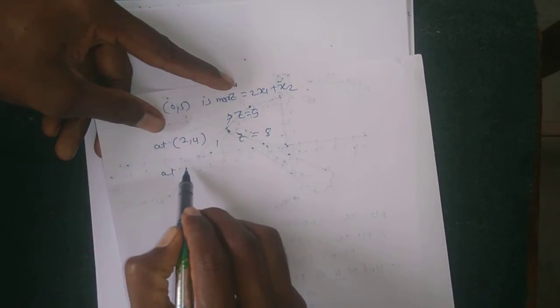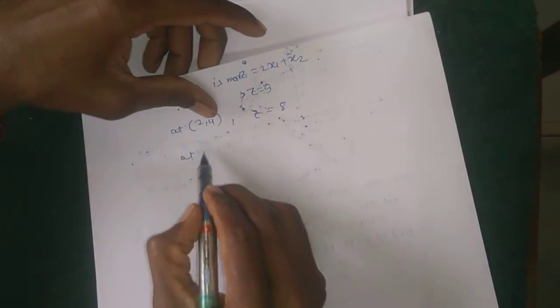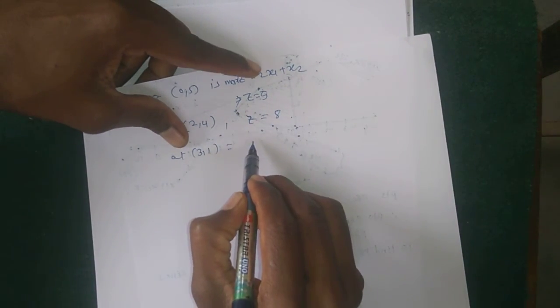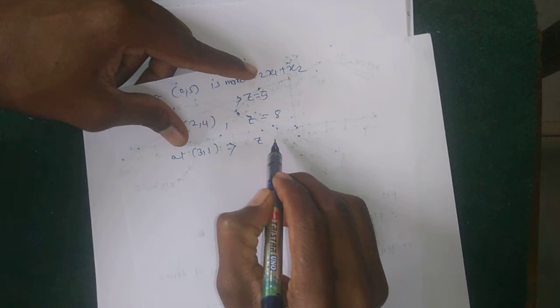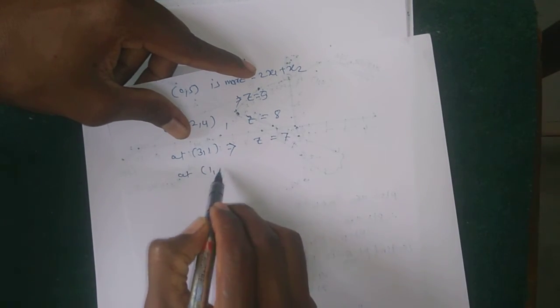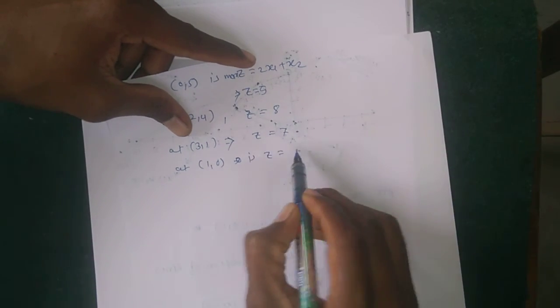Then at (3, 1), the value is 6 plus 1, which is 7, and at (1, 0), z is 2.